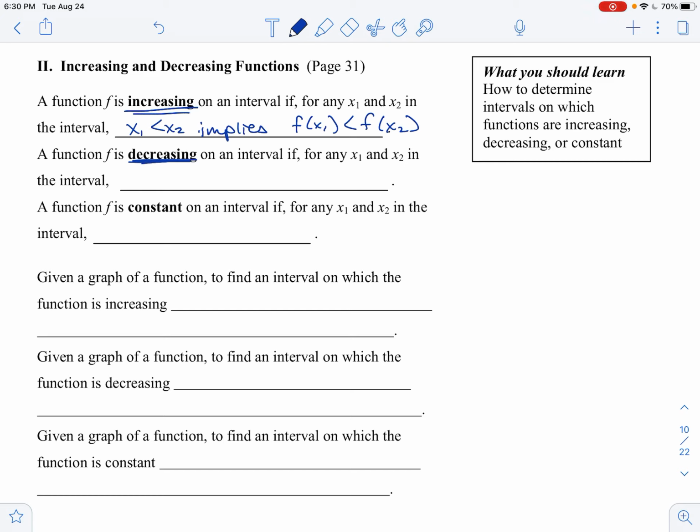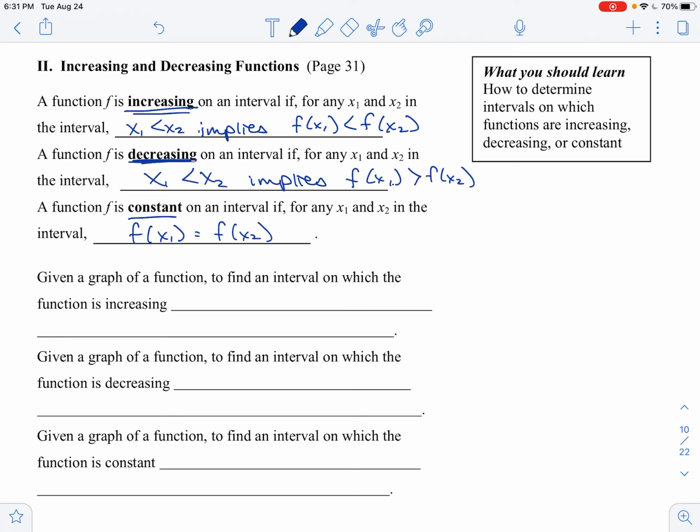Secondly, if it's decreasing, then if x1 is less than x2, it implies that f(x1) is greater than f(x2). And it's constant if the two values equal each other.